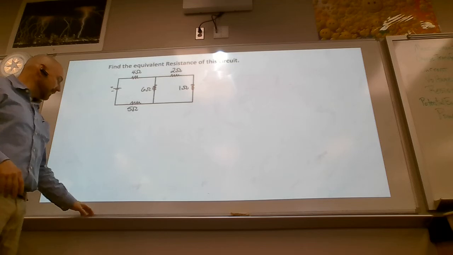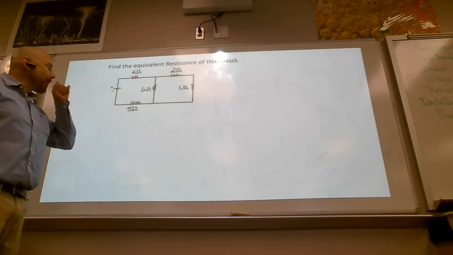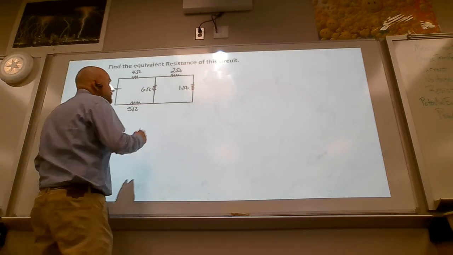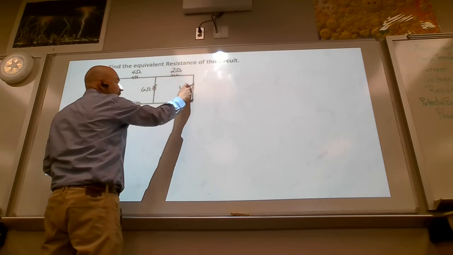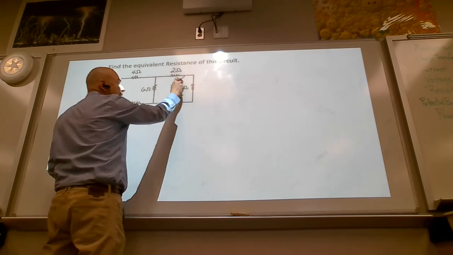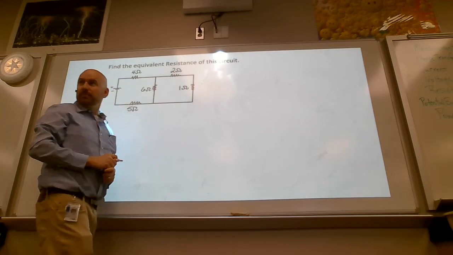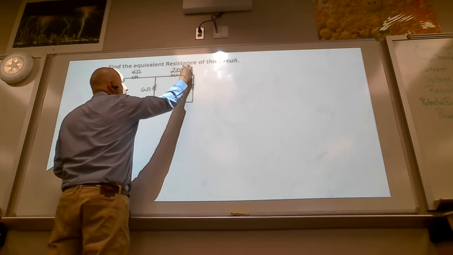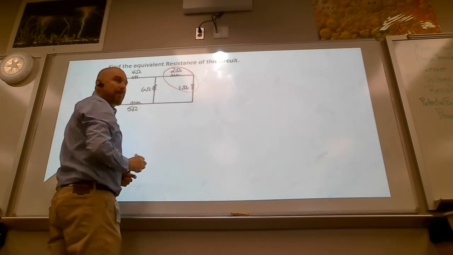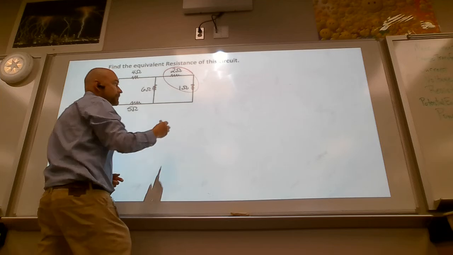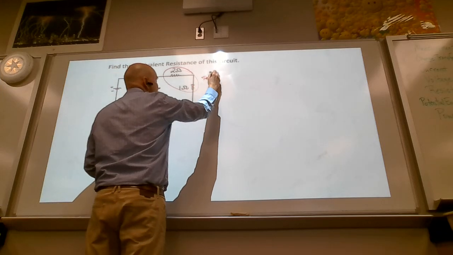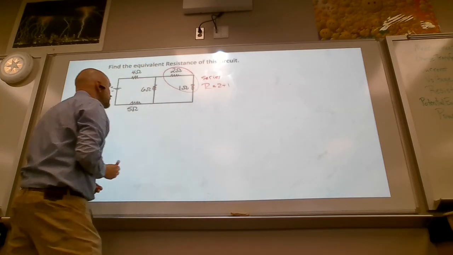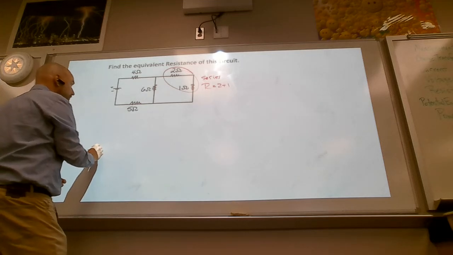That doesn't happen till the end. Okay. So 2 affects 1, and 1 affects 2. You okay with that? So these two are wired how? Series. Okay. And I'm going to redraw.